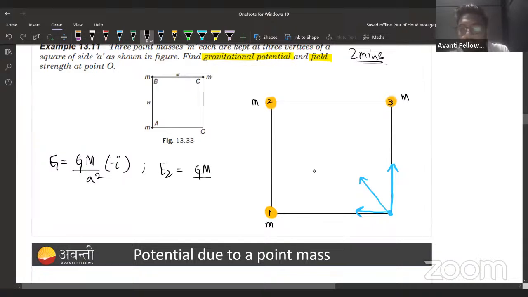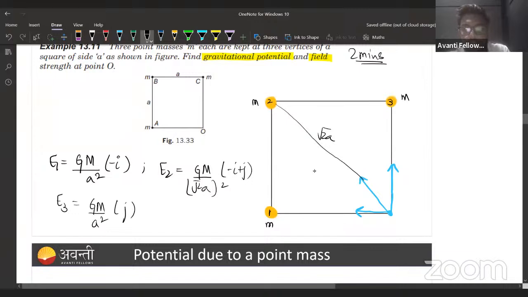It is in y as well as x direction. So what is the distance between these two? This diagonal will be equal to root 2 a. So Gm by root 2a whole squared, into minus i plus j direction, that is, in x minus i, in y plus j. Okay, E3 is Gm by a squared in the j direction.